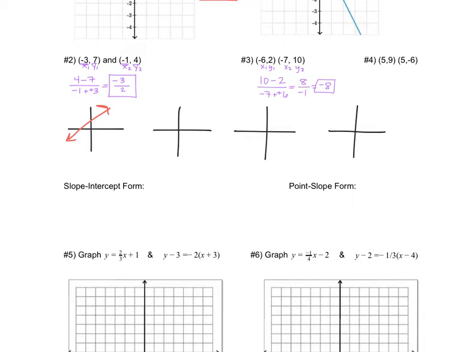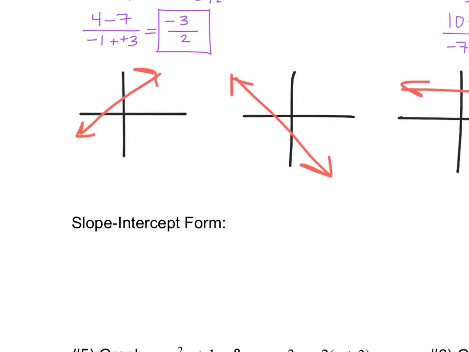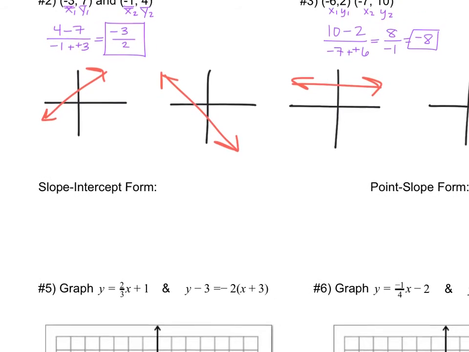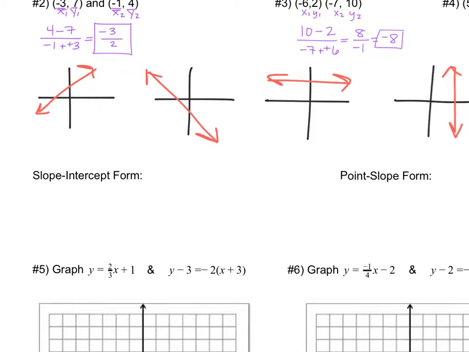So let's say we have this line, we have that line, this line, and that line. Can you tell me anything about that first picture? It's going up. What do you think that means about its slope? It is a positive slope. Okay, so what about the second one?